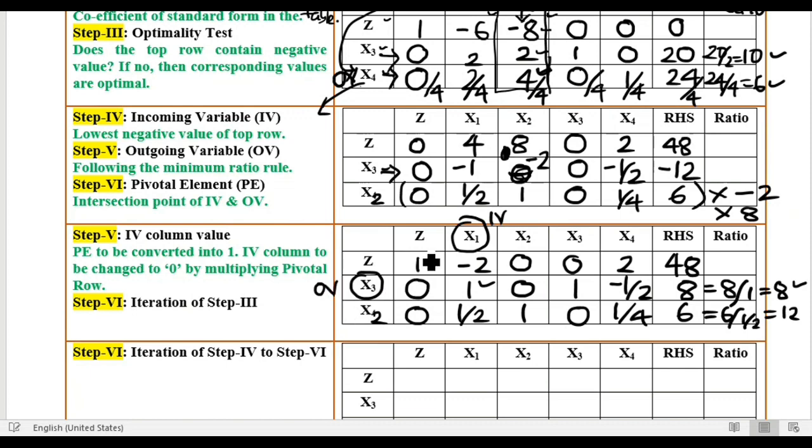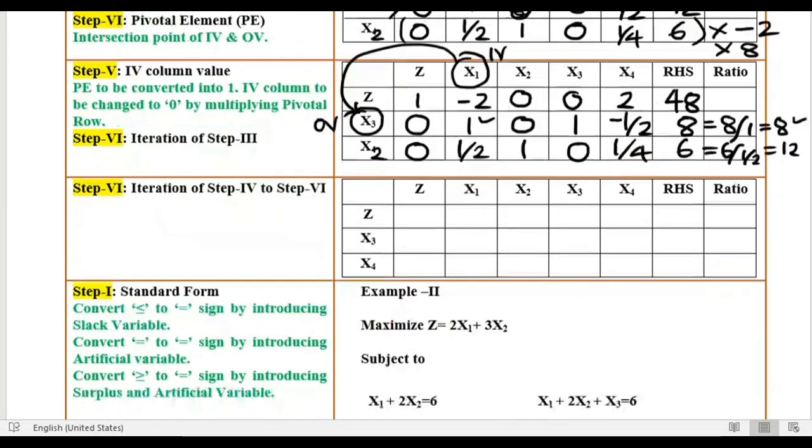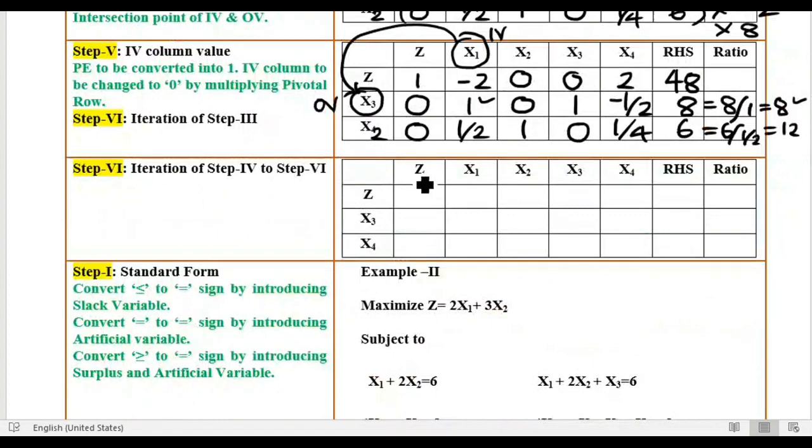outgoing variable. So as per now this should come over here. Here we are going to write this one. The row would remain the same as it is. Earlier it had been converted to x2 and now x3 will also be changed to x1. Now the pivotal row will be written as it is because this is already 1.